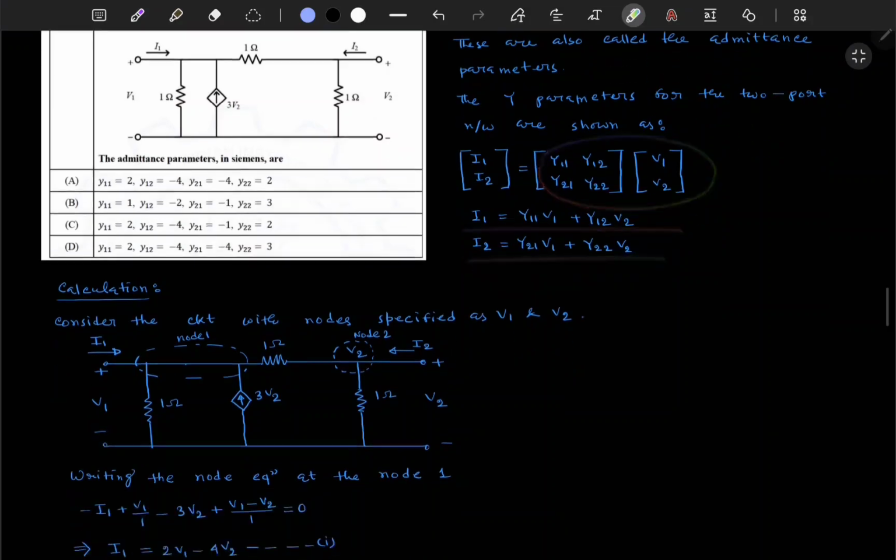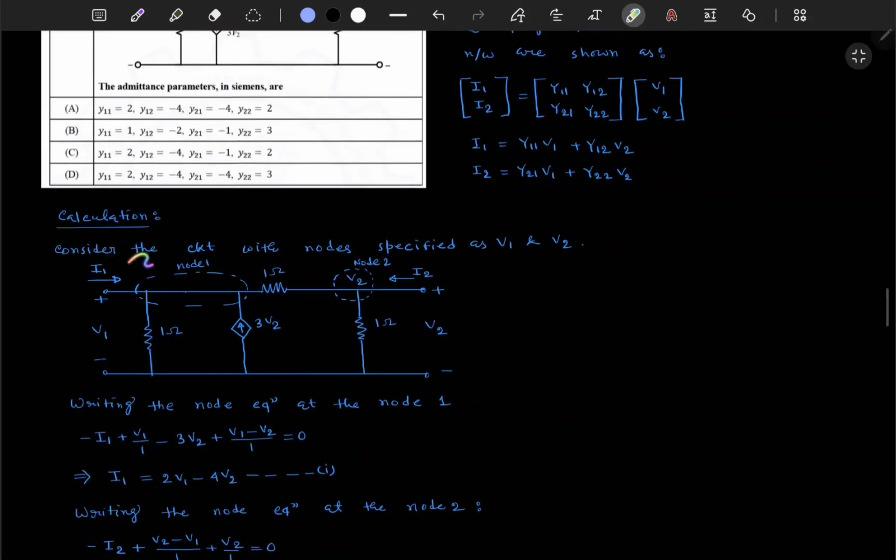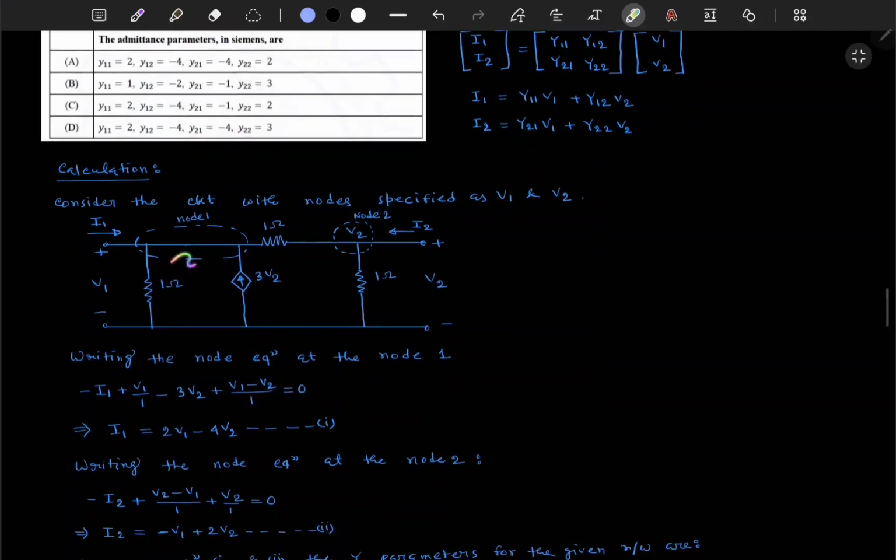Okay, so calculation. Now consider the circuit with the nodes specified as V1 and V2. This is node 1 and this is node 2 we are calculating, and this node voltage is V1 only, because this point and this point have the same voltage, and with respect to ground, this is always V1 only. Here also the same, the voltage difference between this point and this point is V2 only.